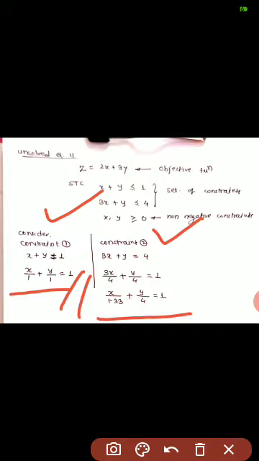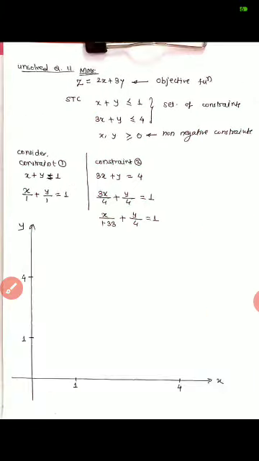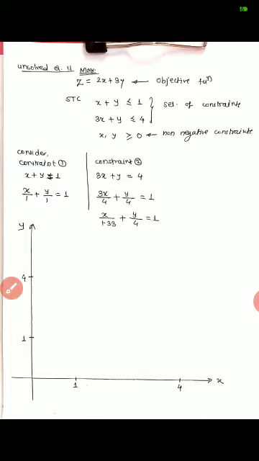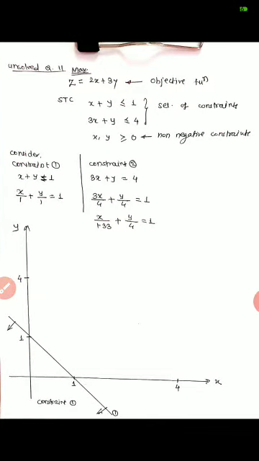So after converting the inequality into the equality sign, we have to plot a graph. So let's see the graph. I have taken 2 points on the x-axis, and similarly I have taken 2 points on the y-axis. First I will draw a line of constraint 1, and then I will draw a line of constraint 2. So this is the line of constraint 1.